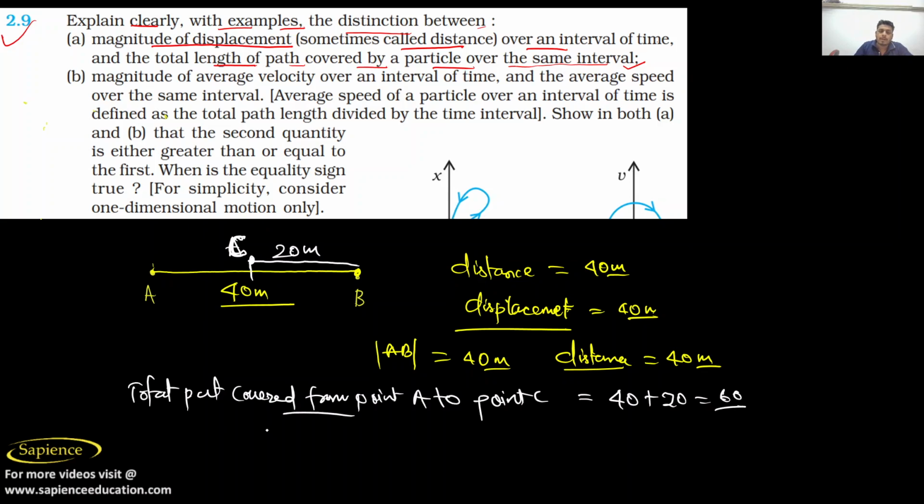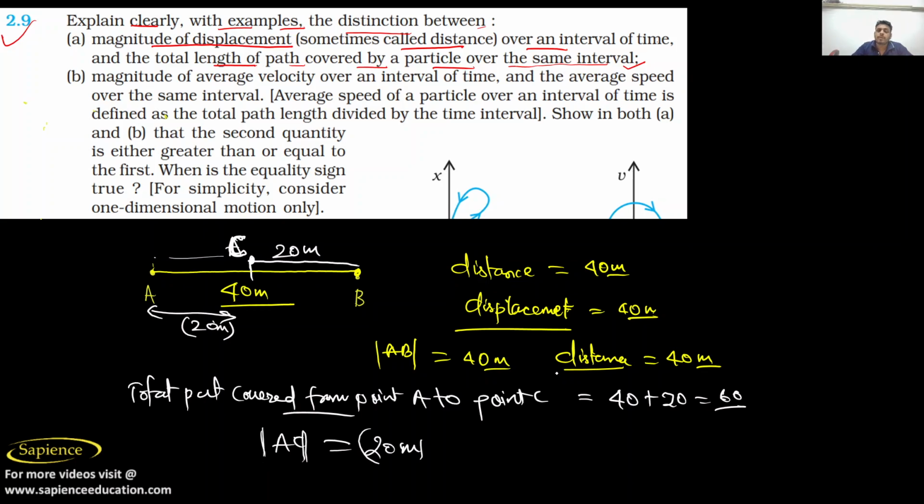Now the magnitude of AC, that is the displacement, is only 20 meter, right? Because displacement is the shortest distance between the initial and final position. So the magnitude of the displacement is 20 meter.